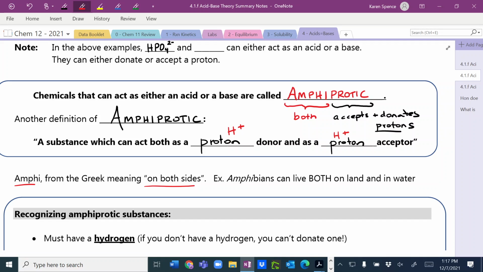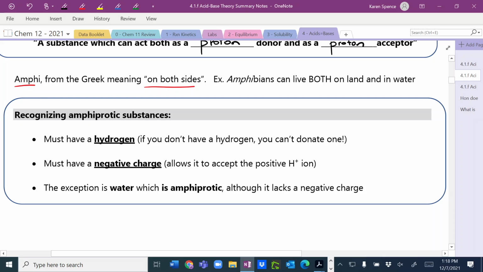Now, if I just gave you a chemical and asked, is it amphiprotic? One thing that it has to have is a hydrogen. How can you donate an H+ if you don't have an H? It is impossible. So an amphiprotic substance has to have a hydrogen, and almost all amphiprotic substances also need to have a negative charge.